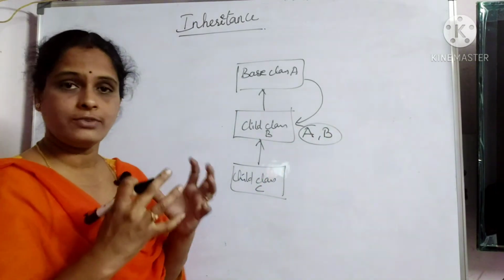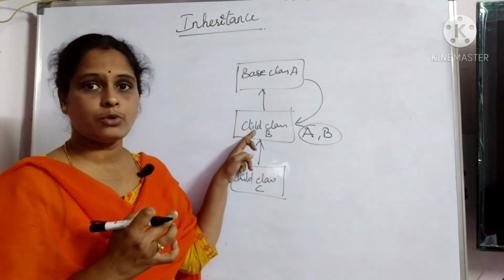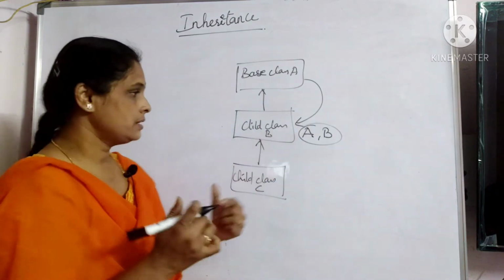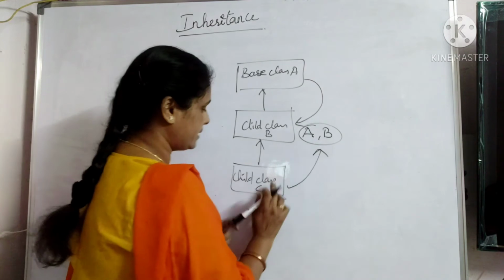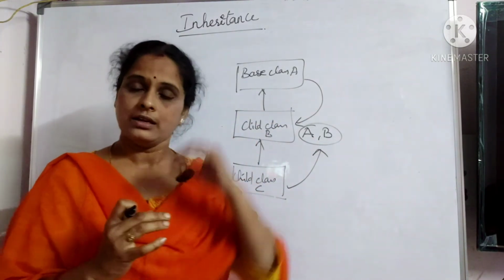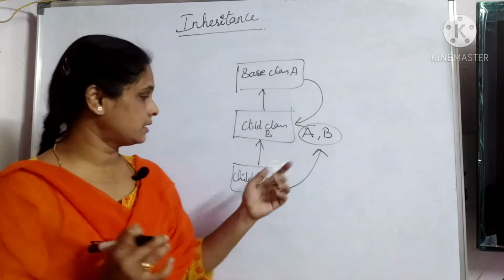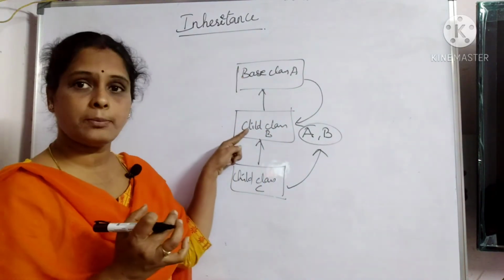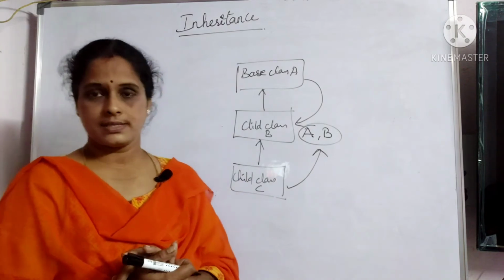B has everything that is in A and also its own qualities, right? Now when I inherit C from B, all the qualities that are in A and B come into C.